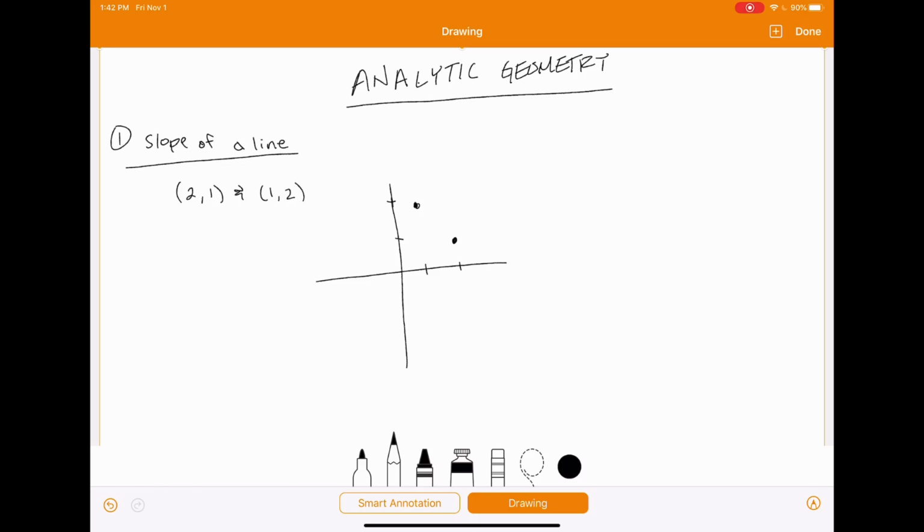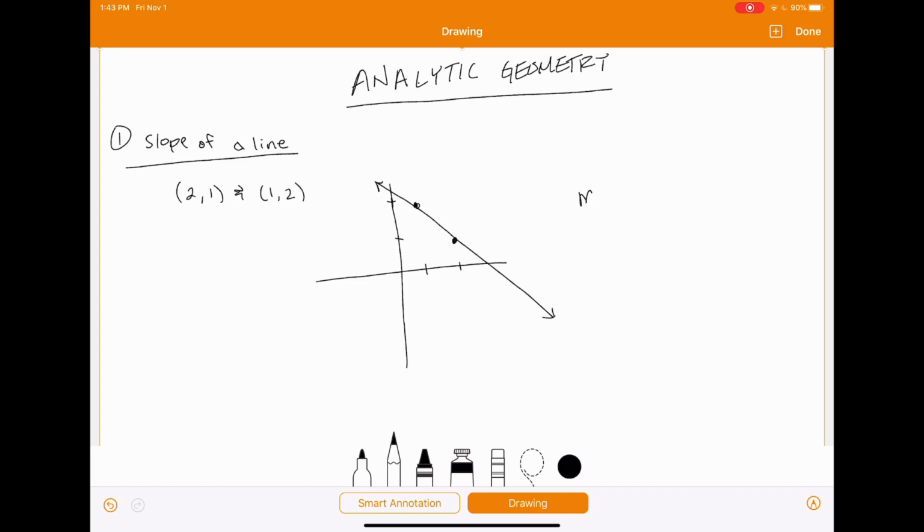And if there was a line connecting those points, we want to find the slope of that line. And so the slope is kind of like the steepness.